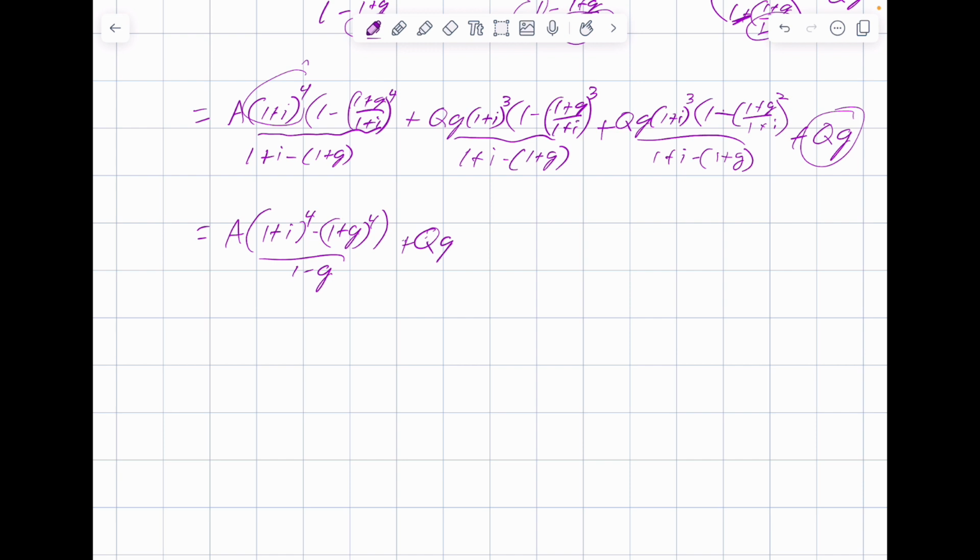So this will be qg 1 plus I over 1 plus g plus, and we'll do this term next. So we'll kind of reverse the order of these three terms.